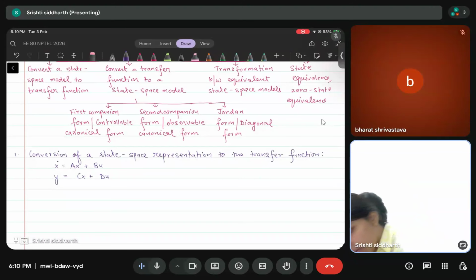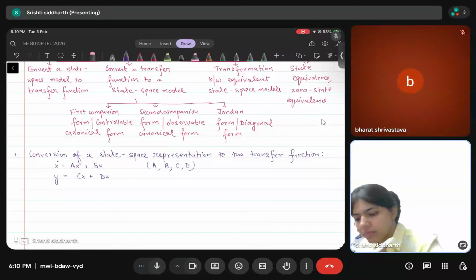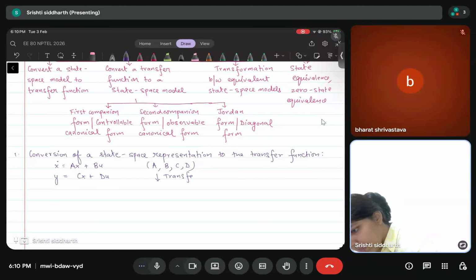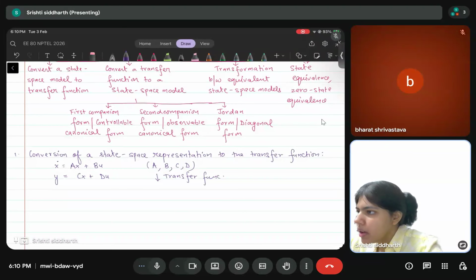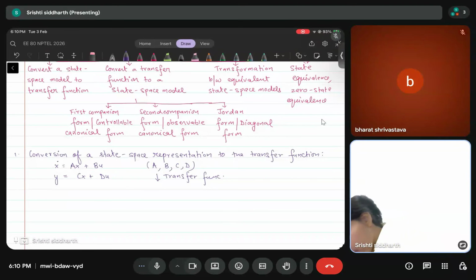So given the matrices A, B, C, and D, the transfer function is given by C (sI minus A) inverse times B plus D. Here it is s because we are talking about the Laplace transform.